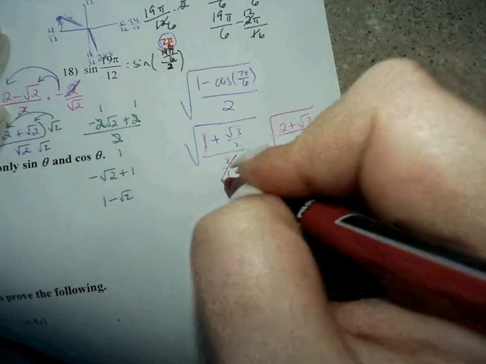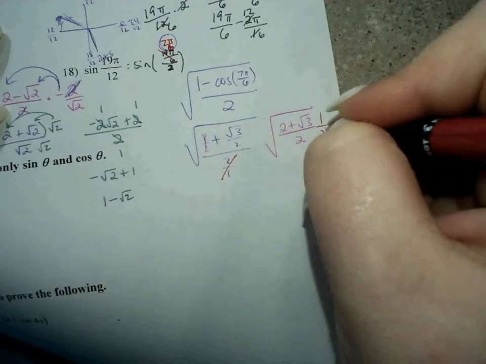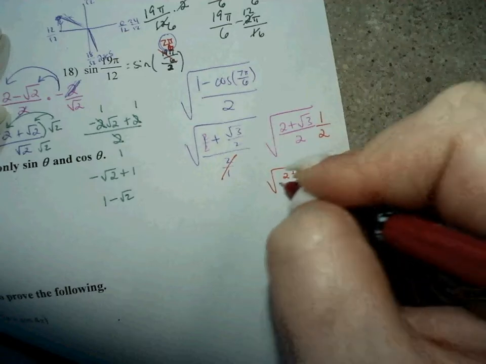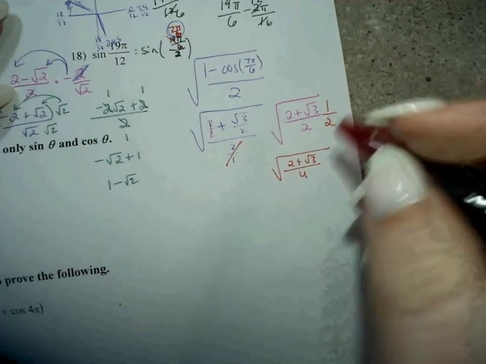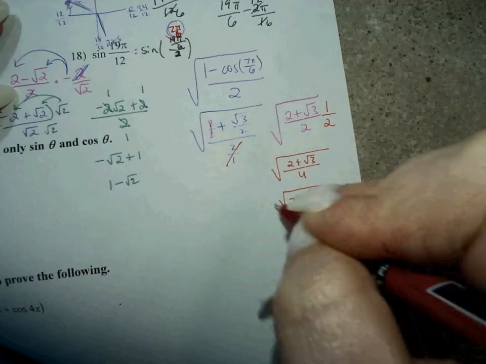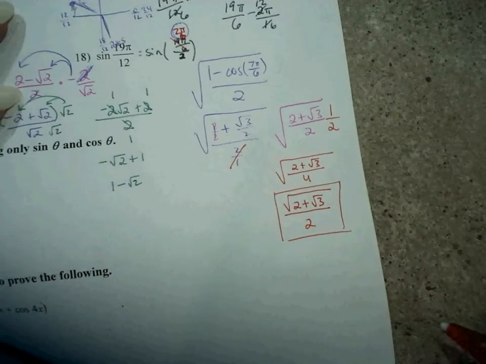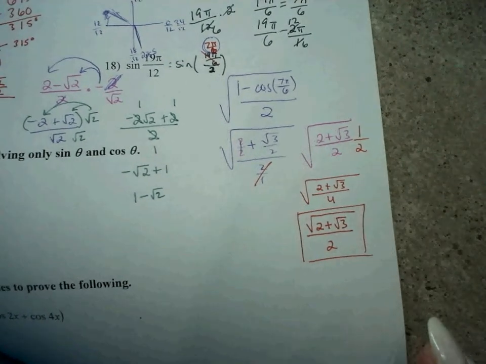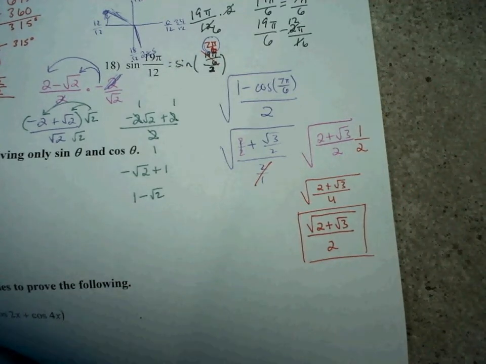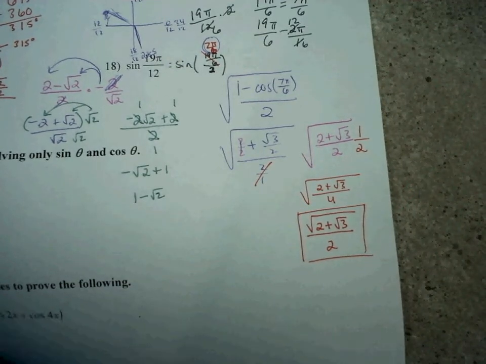Common denominator, so I'm left with the square root of 2 plus the square root of 3 all over the common denominator 2. Multiply by the reciprocal, 1/2, and this becomes the square root of 2 plus the square root of 3, all divided by 4. But I can take the square root of the denominator, and so it becomes this as my answer. And there we go.